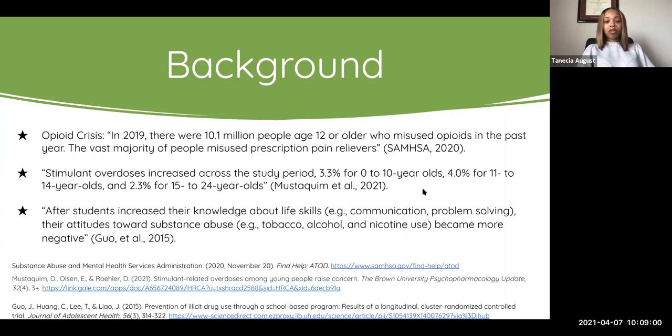And so often students increase their knowledge about life skills through communication, problem solving, and through their attitudes towards substance abuse, which is why this prevention program is necessary, because we want to give them the knowledge and the actual importance of why they should have protective factors against substance abuse and all the negative impacts that they can have on their lives.